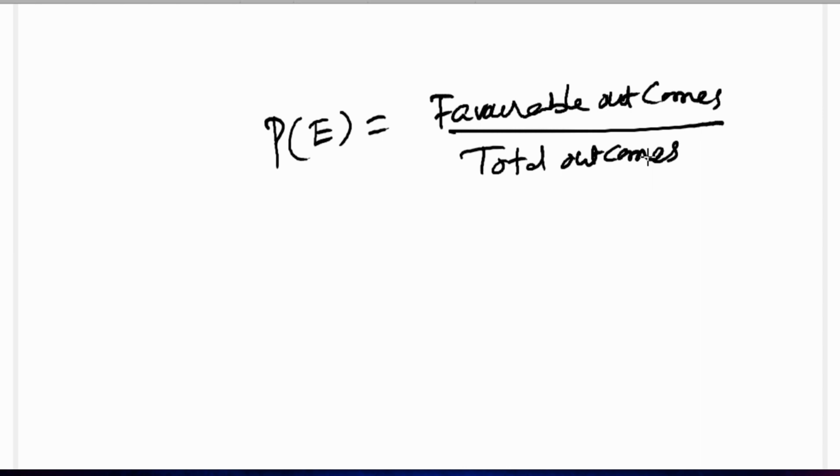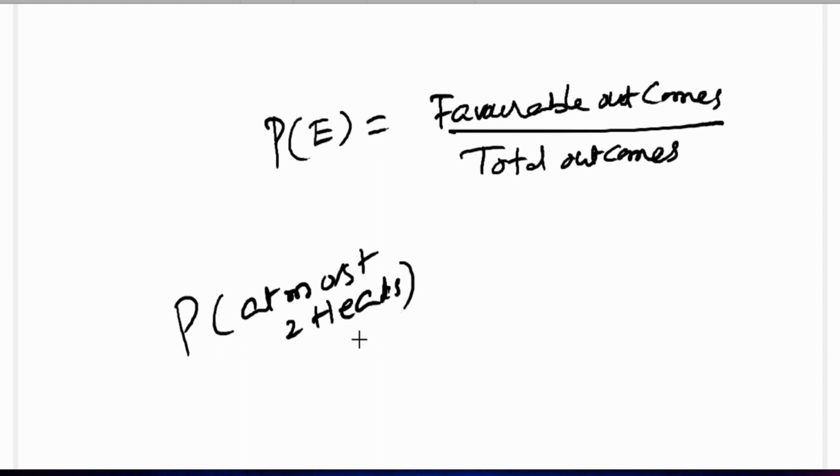Sometimes we use the words at least and at most. When 2 coins are tossed, what is the probability of getting at most 2 heads? At most means maximum, maximum 2. When 2 coins are tossed, the possibilities are head and tail, tail and head, head and head, tail and tail, correct?